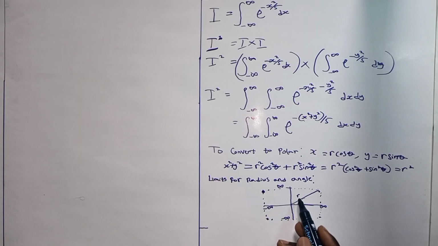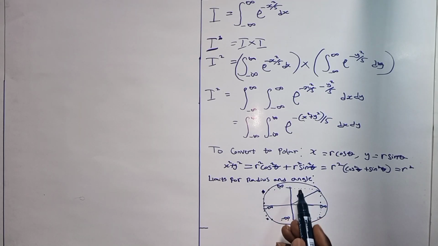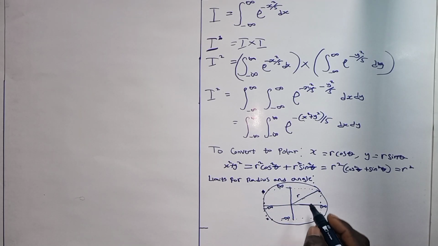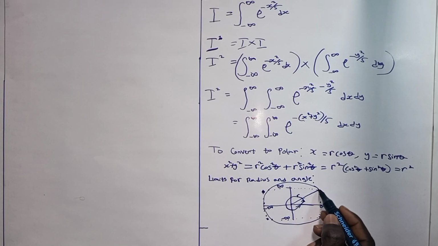Now for our angle theta, as you can see, it covers the entire plane. Our angle theta starts from here and comes back here. And this is our radius, starting from the origin to the border of the circle, which is infinity.